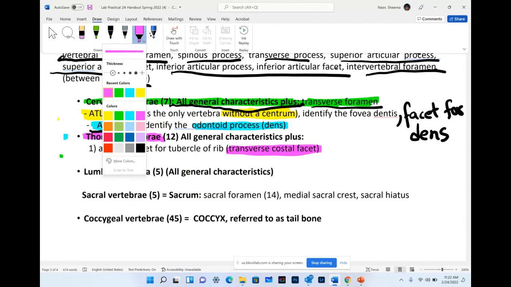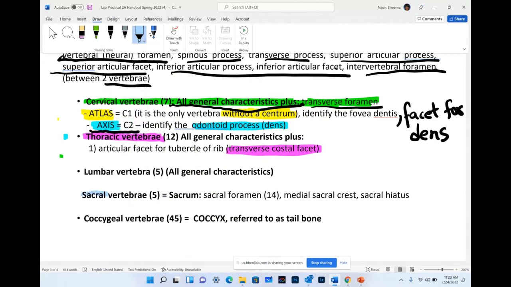And I am going to use this color. Okay, so this is sacral vertebrae, 5, and these are fused. We are looking for sacral foramen, medial sacral crest, and sacral hiatus.